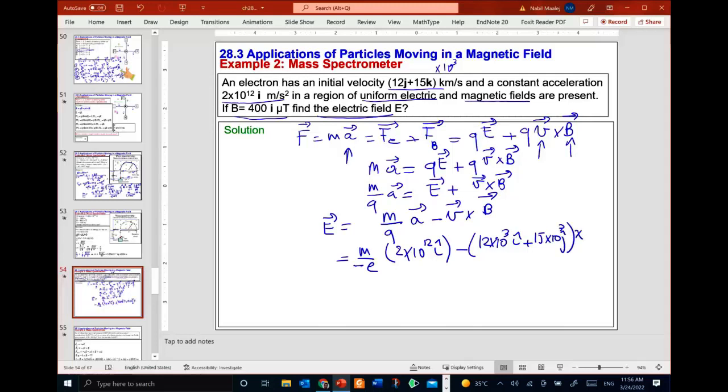This is crossed with V, the velocity, this is V crossed with B, which is 400 × 10⁻⁶. Let me write it here.